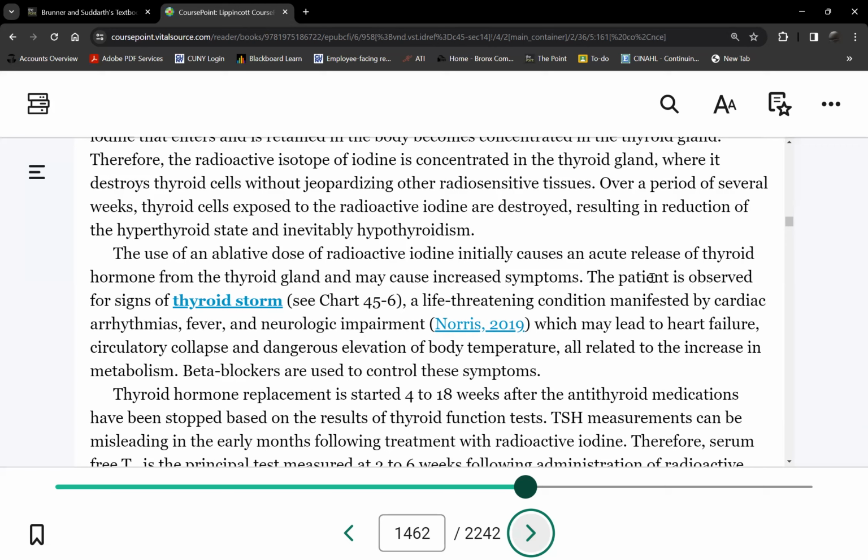Now, if they're already in hyperthyroidism and you give them iodine, regardless of whether it's radioactive or not, what will it trigger? Even more T3, T4 production. So can this trigger a thyroid storm? Yes. We'll get to the manifestations and signs and symptoms of thyroid storm later. But don't worry, we'll get to the nursing responsibilities. We will have to give something before we administer radioactive iodine. Are we clear? All right, we'll get to that later.